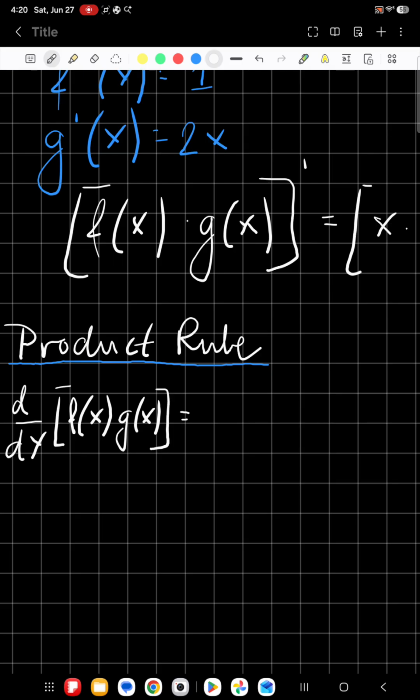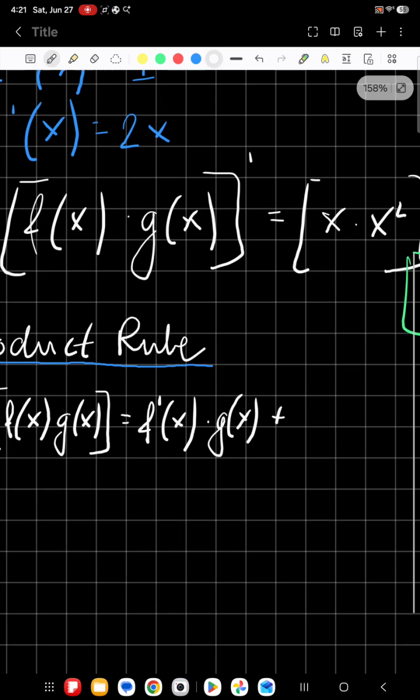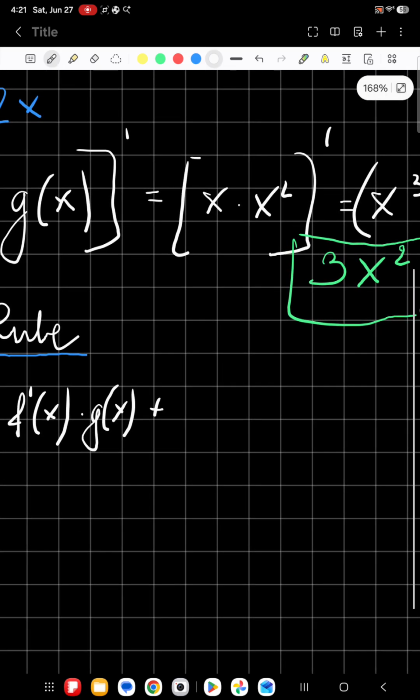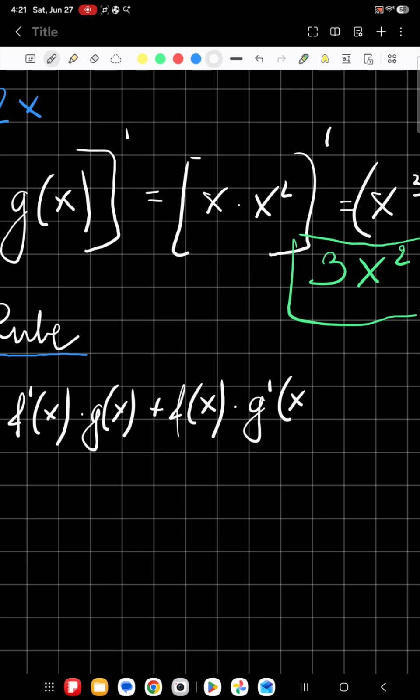I'll take a derivative of the first, so f prime of x, times g of x. So now we'll have plus, and I don't change that first function, so just f of x times g prime of x.